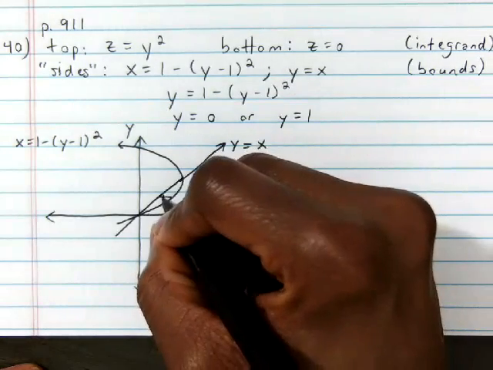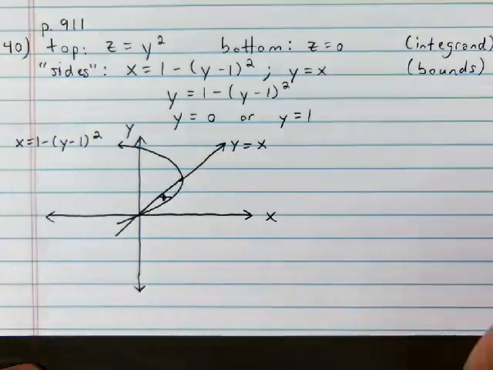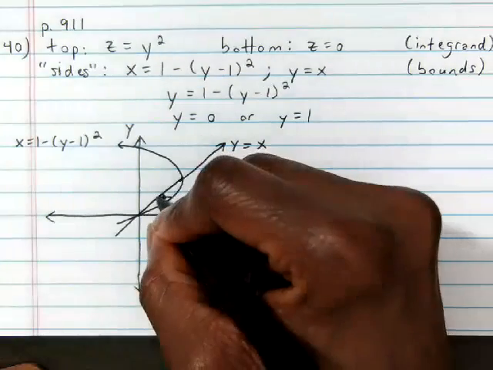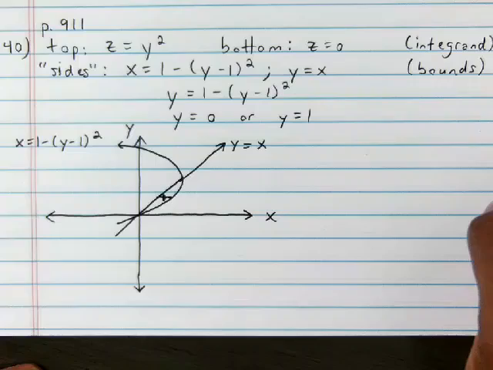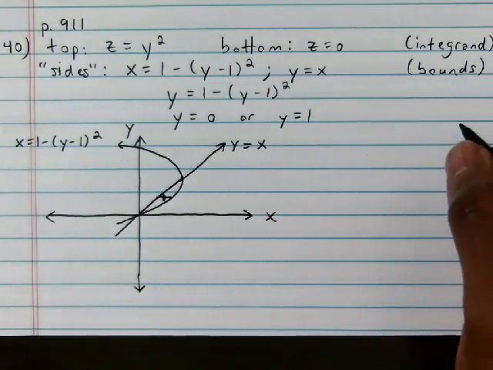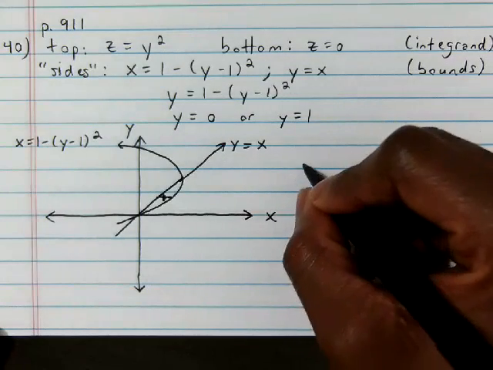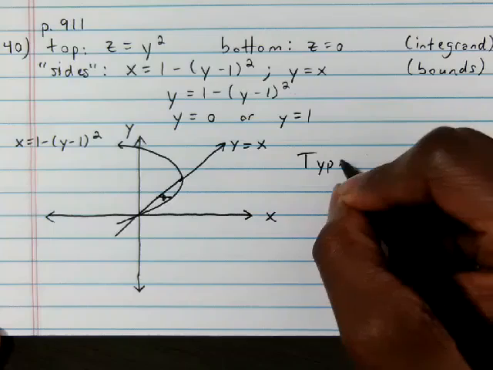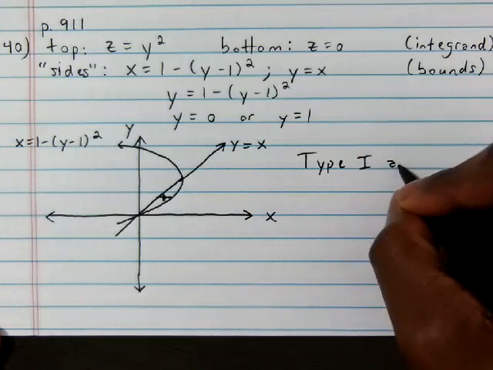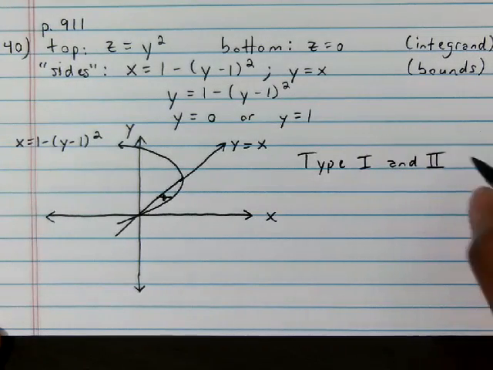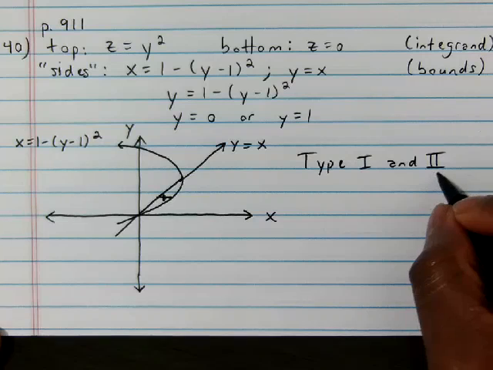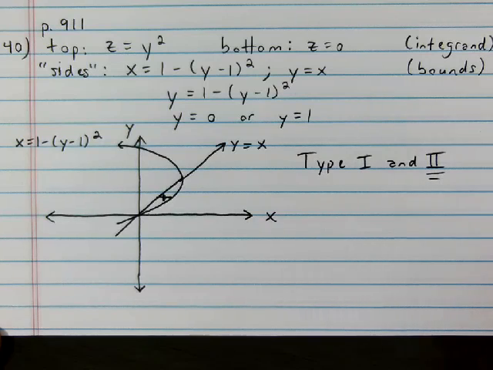Let's get a little arrow in there. Go in that direction, in the positive x direction, and do this as type 2. So we'll write that down as type 1 and 2. But what are we going to do? We're going to do it as type 2, because everything's already set up for that.